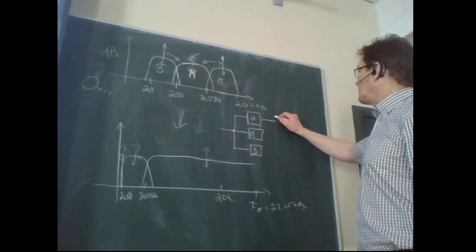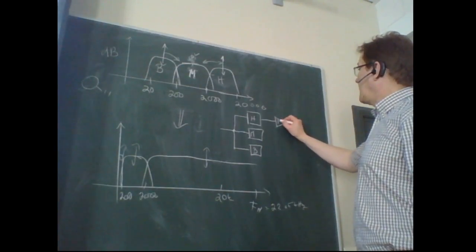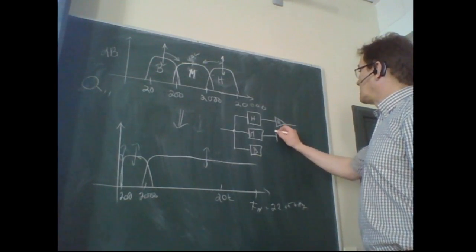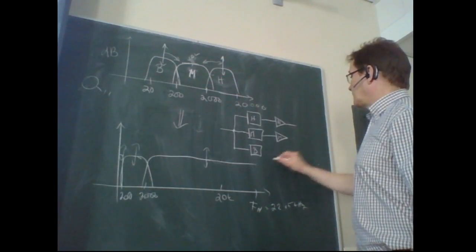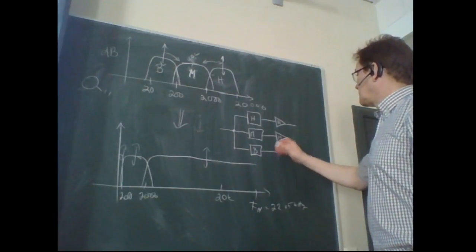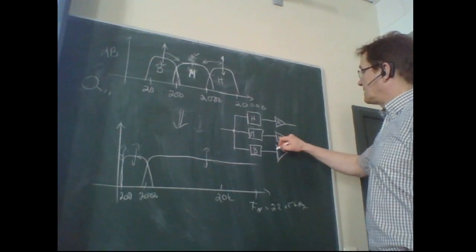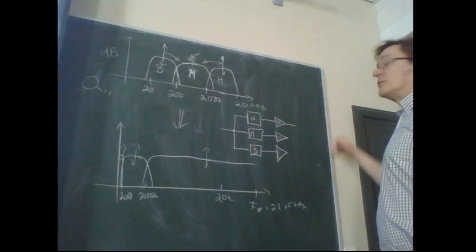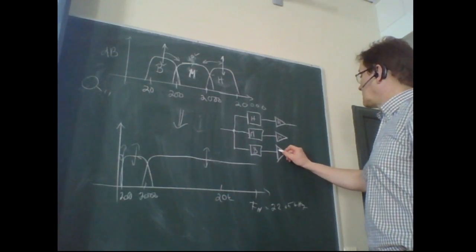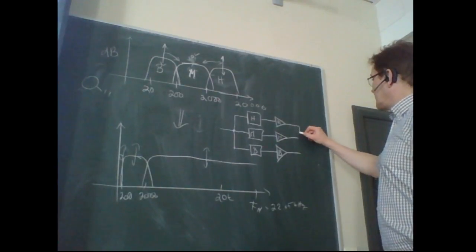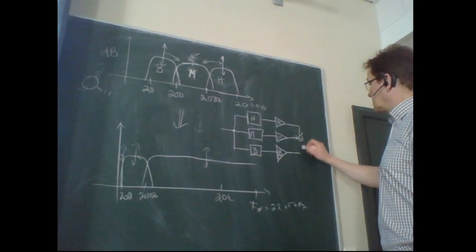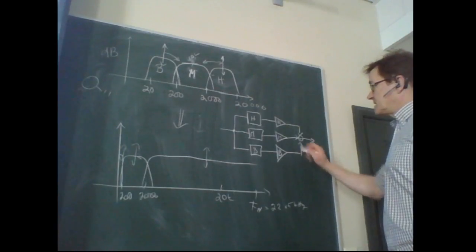Then you would have the gain blocks here, H. Well, on the exercise, there's also the gain for that one. In reality, that will be a common gain for everything. Like that, and then a summing junction here at the end. Just 3 different filters.